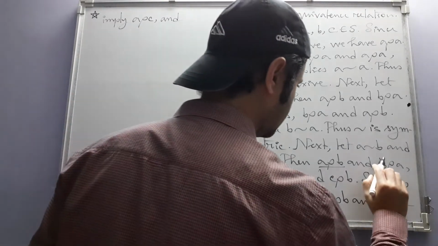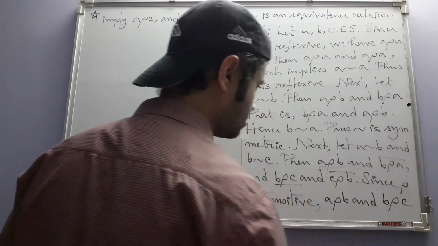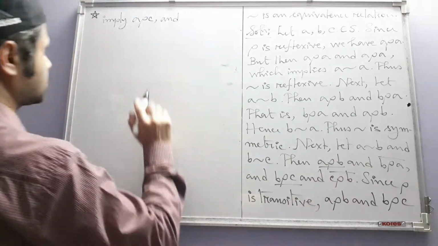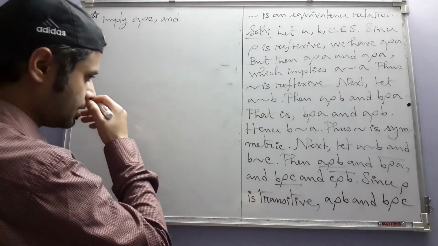Like that, B rho A and C rho B. Actually we have to write this one first to show transitivity properly.